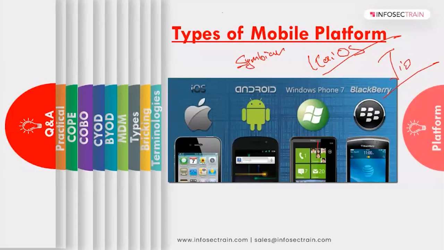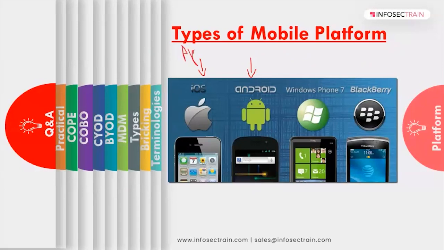Now, when we are talking about the types of mobile platforms, we know maximum nowadays it's only iOS and Android. So iOS was created by Apple, right? So the organization who takes care of iOS is Apple. And for Android, the owner is Google.